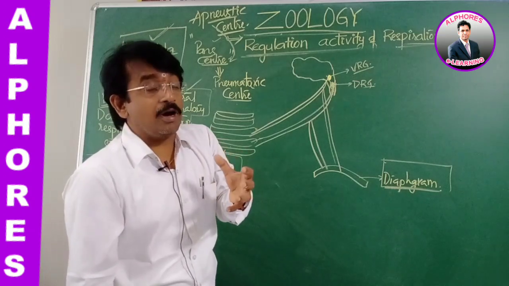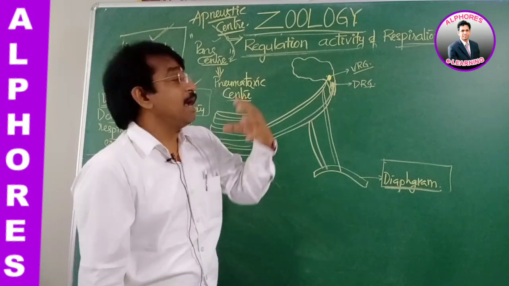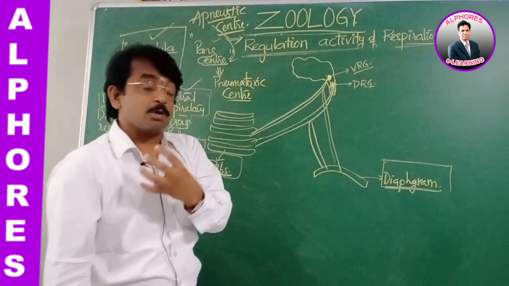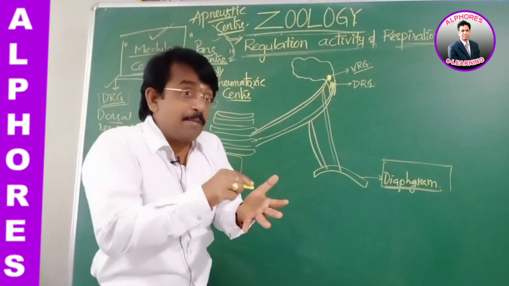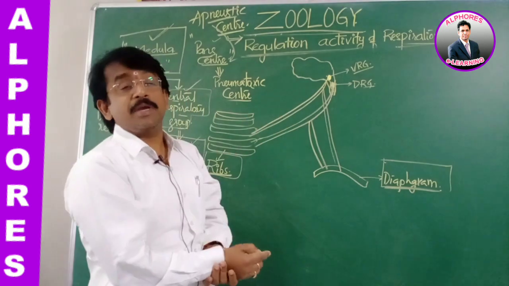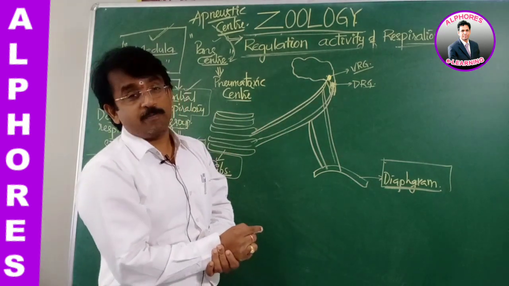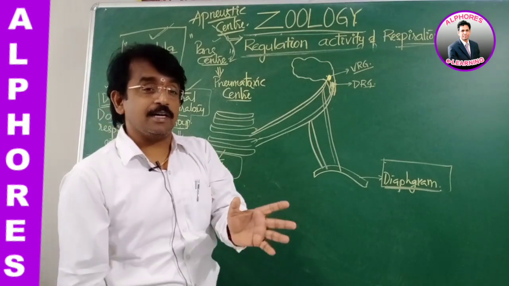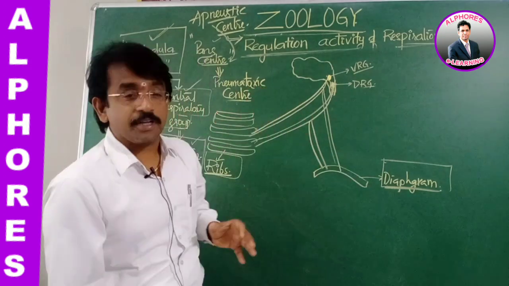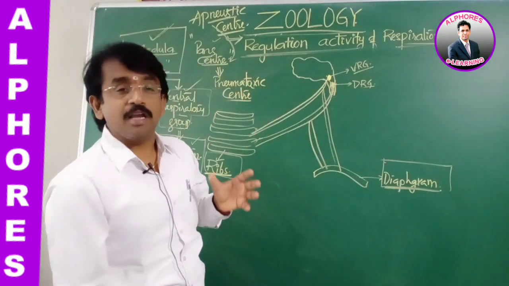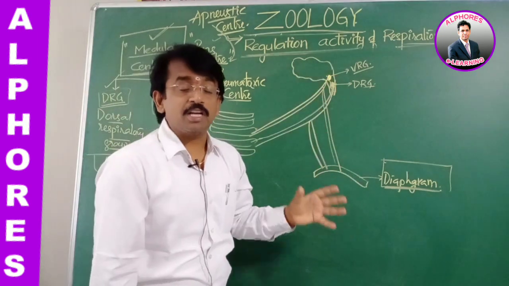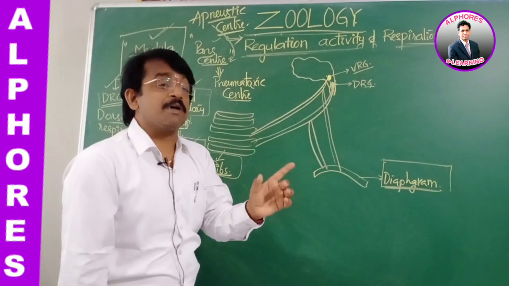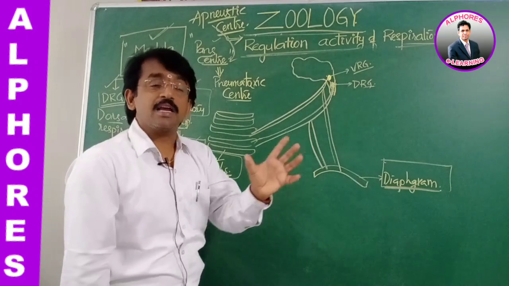As more H plus and CO2 are present in the blood, they are detected by the chemosensitive area, and also by the receptors associated with the aortic arch and the carotid artery. So chemical regulation involves the chemosensitive area and the receptors associated with the aortic arch and carotid artery.